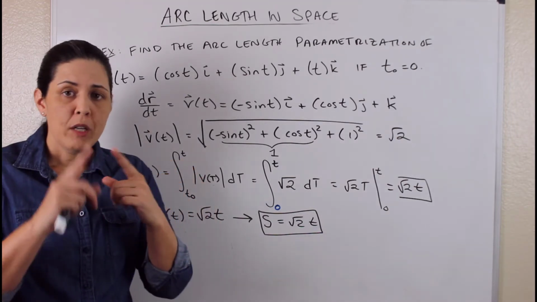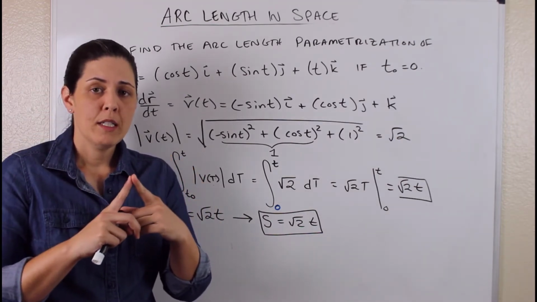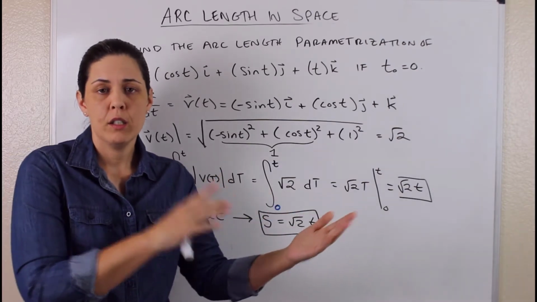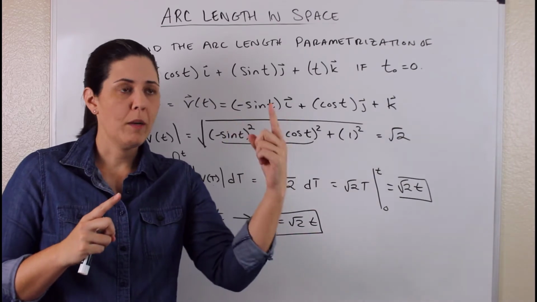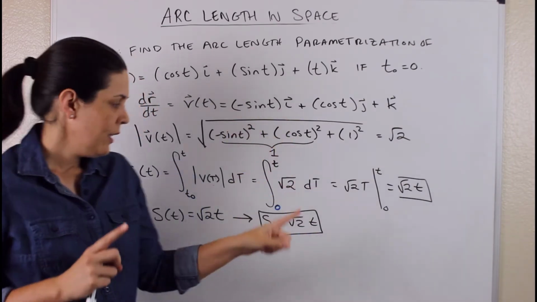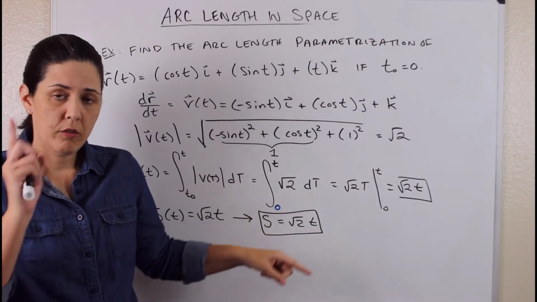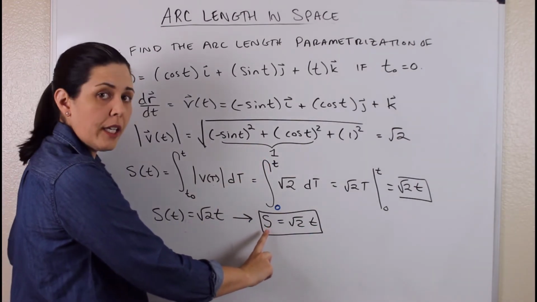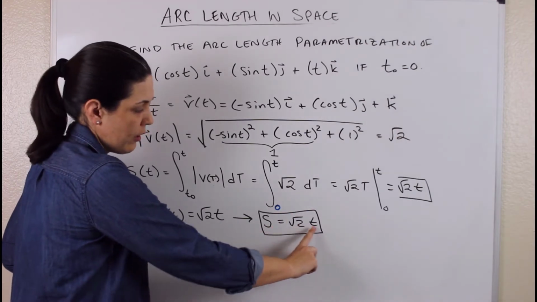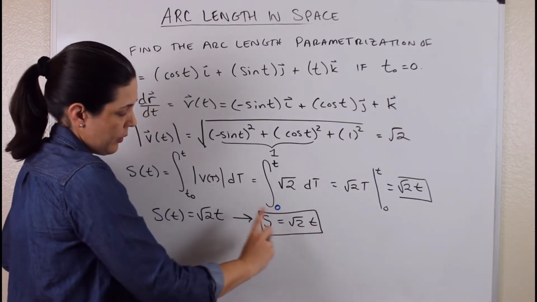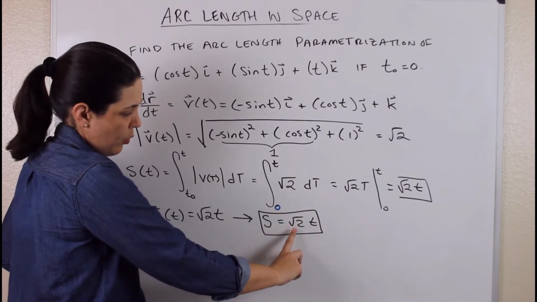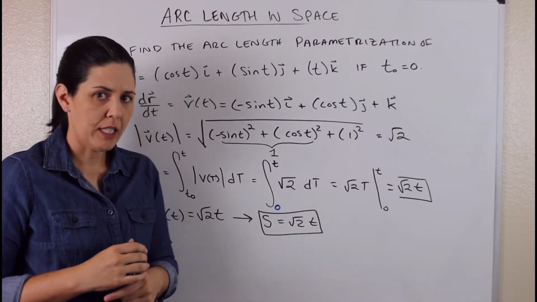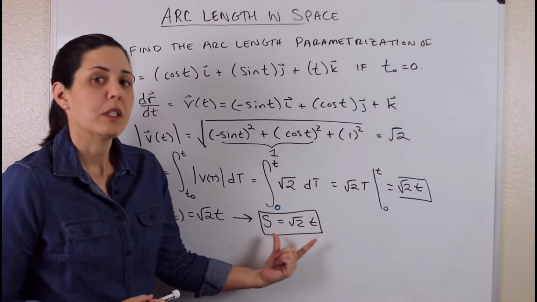So that would be a one-to-one relationship between time and distance, or arc length. 1 mile in 1 minute. That would be 1-to-1. This is not quite 1-for-1, because this is saying for every 1 arc length unit, I have square root 2 time units, or every 1 arc length unit is 1.4 time units. So hopefully you can grasp what this is representing.